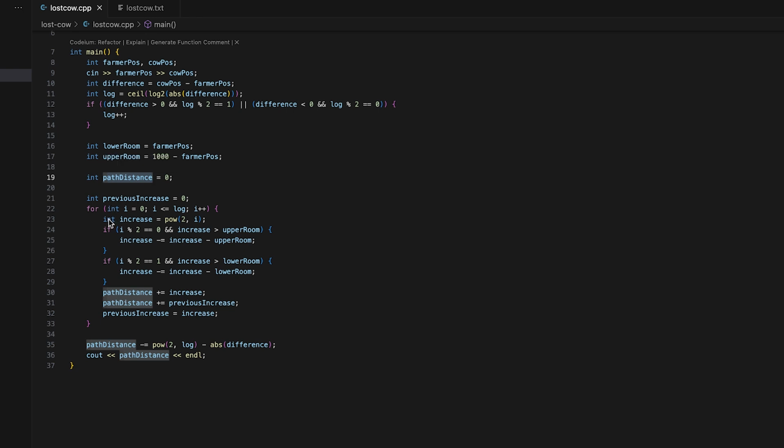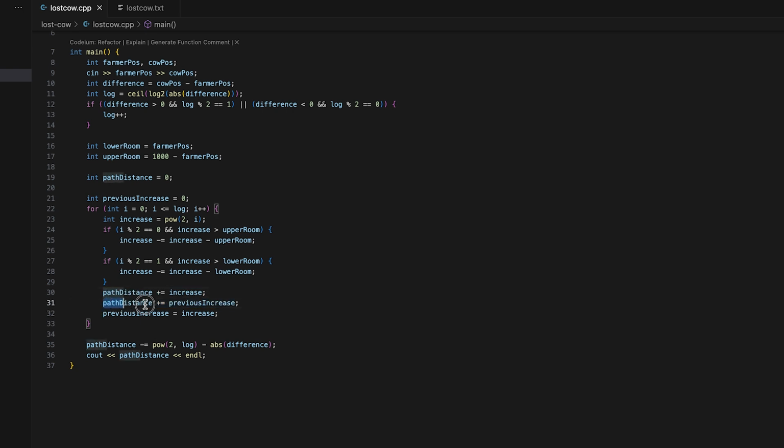We have 2 increase variables. This increase variable is 2 to the power of n, which in this case is i, because n increases as we go through the log 2. And then this is just accounting for if we don't have enough room in the path. And then we add that to the path distance.